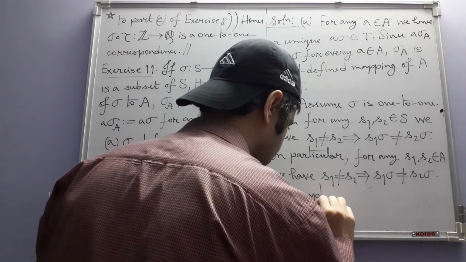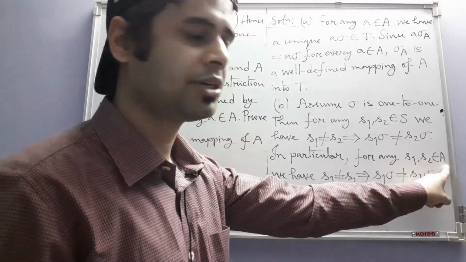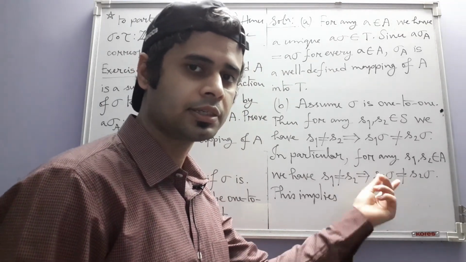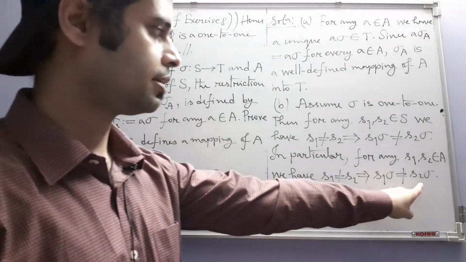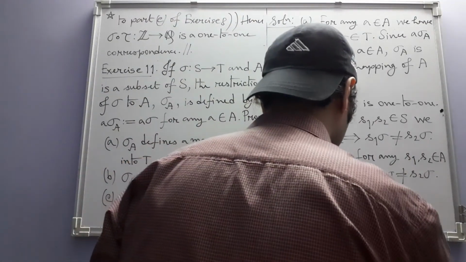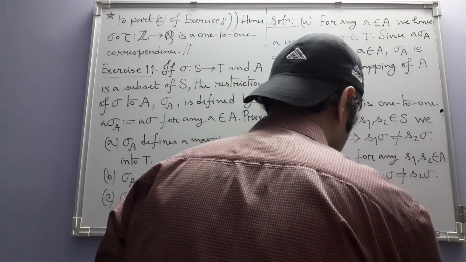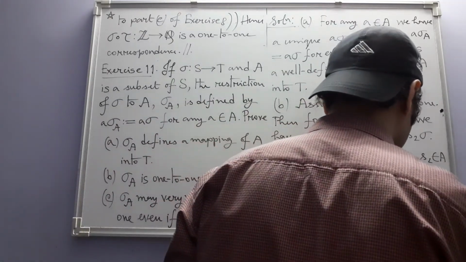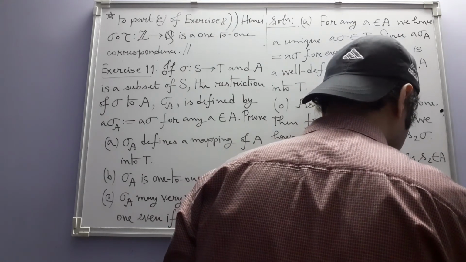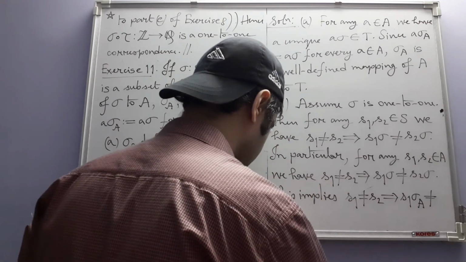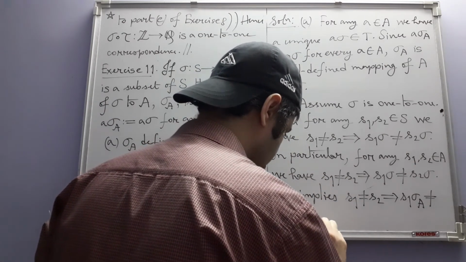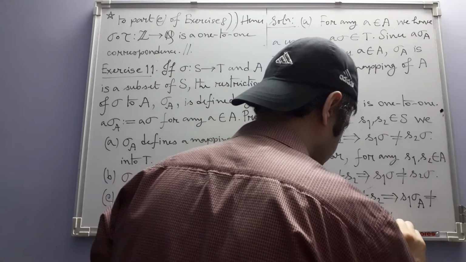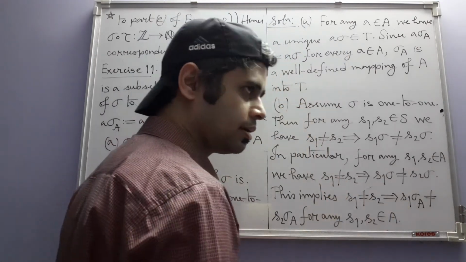However, when our elements are in capital A, then S1 sigma is nothing but the image of S1 under sigma A also by this definition, and S2 sigma is S2 sigma A. This implies S1 not equal to S2 implies S1 sigma A is not equal to S2 sigma A for any S1 and S2 belonging to A, and that just tells us that sigma A is one-to-one.